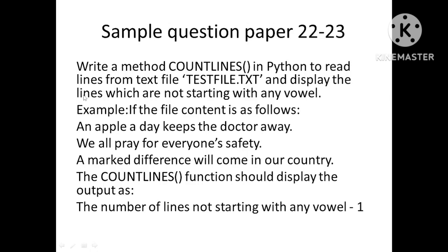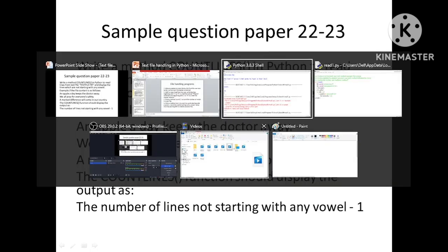As I said, look at the example also. If the file contents are: an apple a day keeps the doctor away, we all pray for everyone's safety, a marked difference. So totally there are 3 lines, and it should display the output: the number of lines not starting with any vowel is 1. This is the expected output.